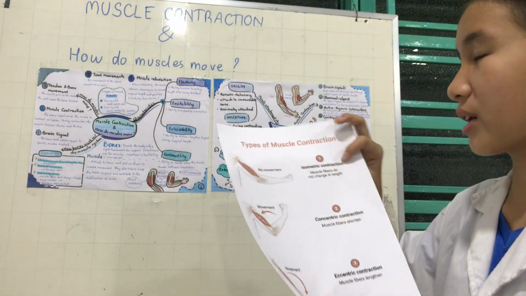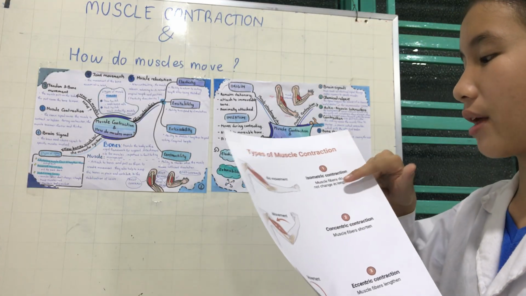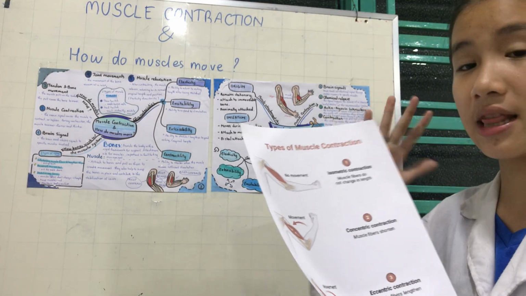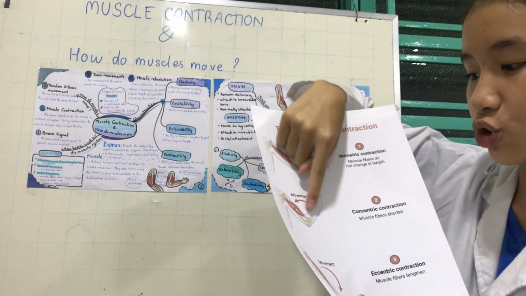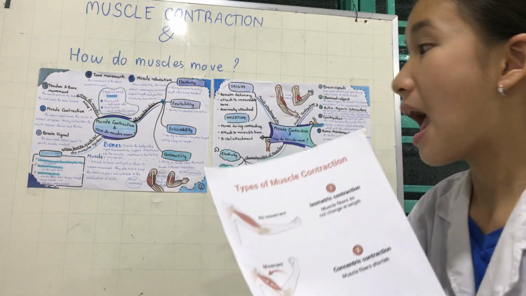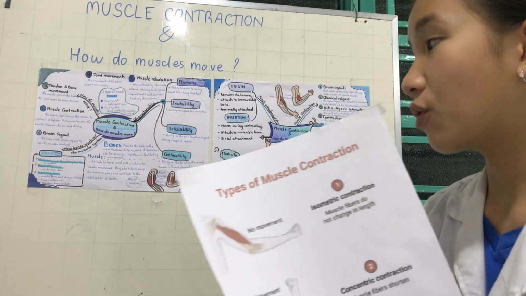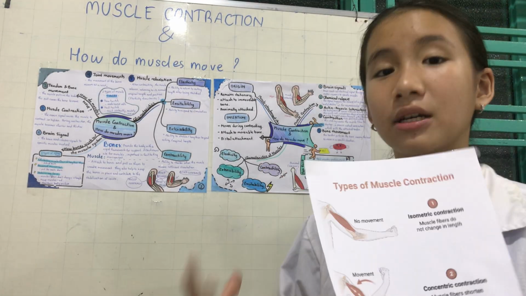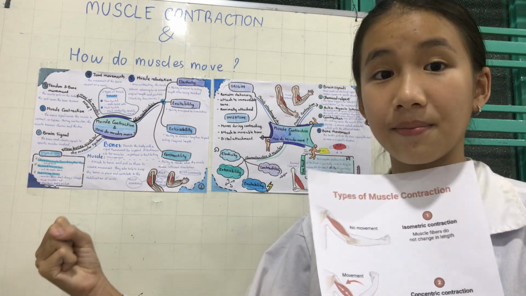The isometric contraction is when the muscle fibers do not change in length. So this movement shortens, this one lengthens, and this one has no movement. That is when the muscle fibers don't change in length and they keep the muscles rigid, locked in place.